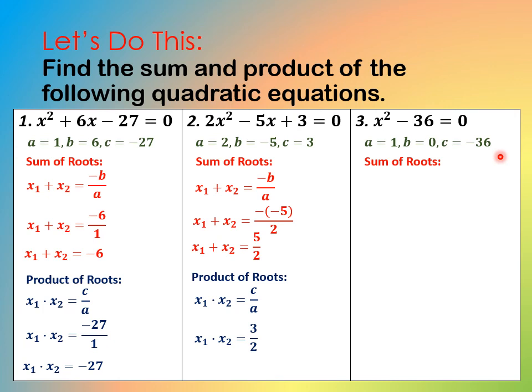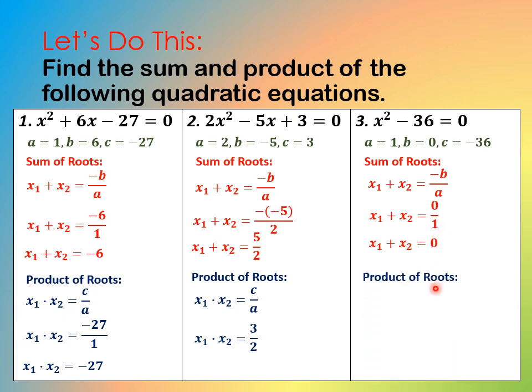What is the sum of roots of this? Negative B over A. What is B? That is 0. What is A? 1. So 0 divided by 1. The sum of roots of x squared minus 36 is equal to 0 is 0.